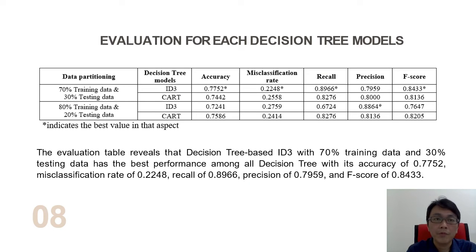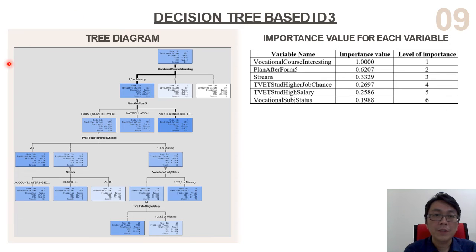From the evaluation table, we can see that the decision tree based on ID3 with 70-30 prevails against other models by leading in almost all the aspects here. This is the tree diagram that has been developed, and on the right hand side are all the important variables that have been used to create the tree models.